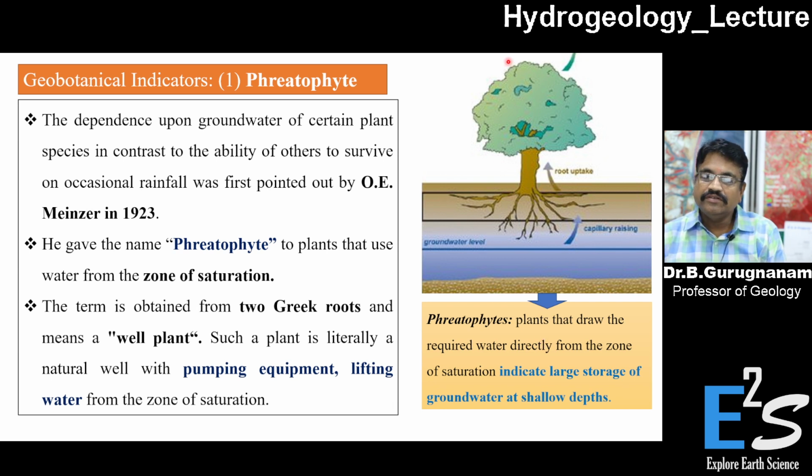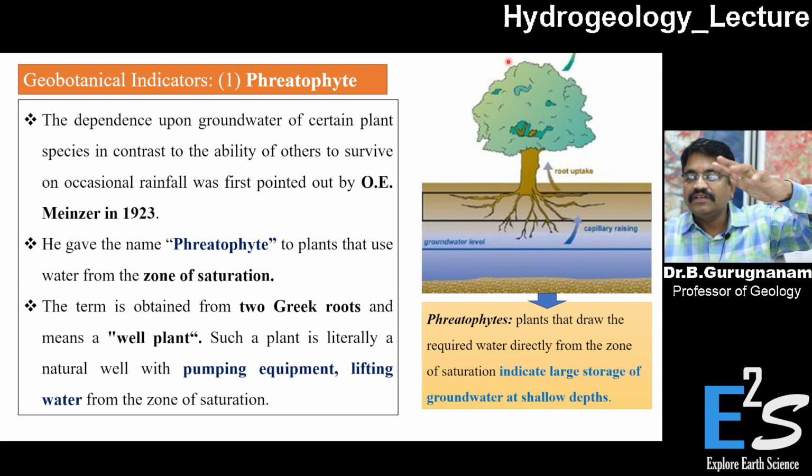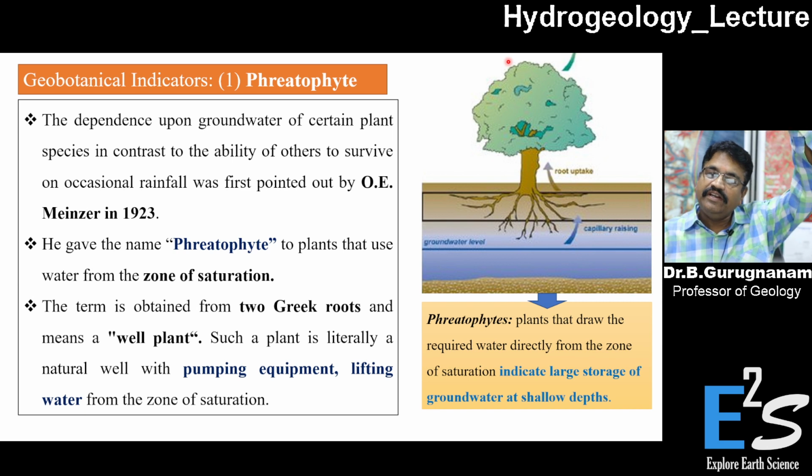Even the tree height is also not much, but sometimes, if the tree height is very high, it indicates that the root goes down to take water deep. Normally, we expect 50% of the height of the tree to be the expected water zone in the subsurface. It was pointed out by the scientist Meinzer in 1923.